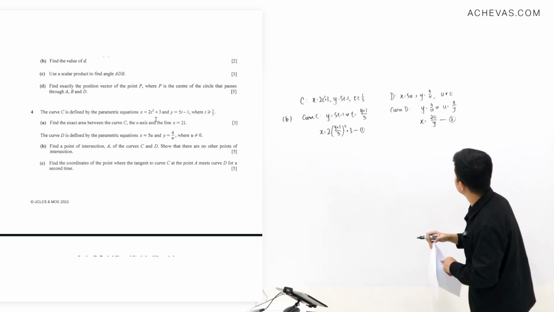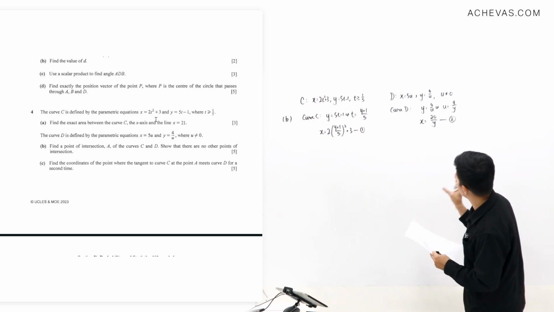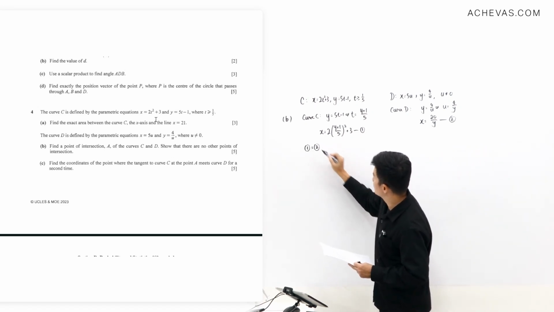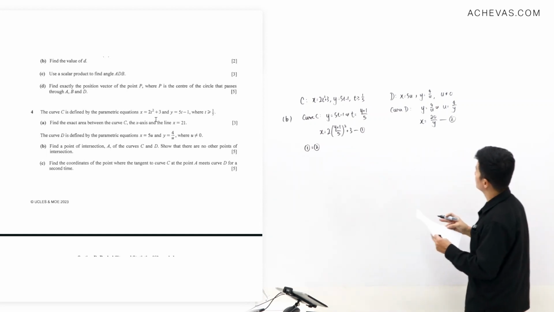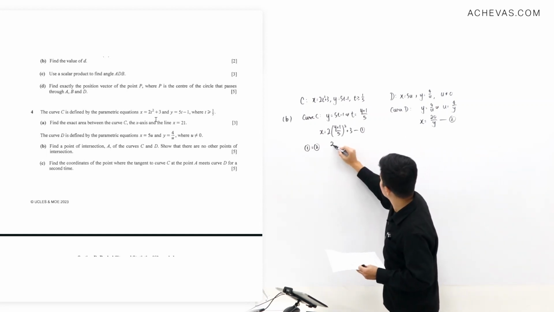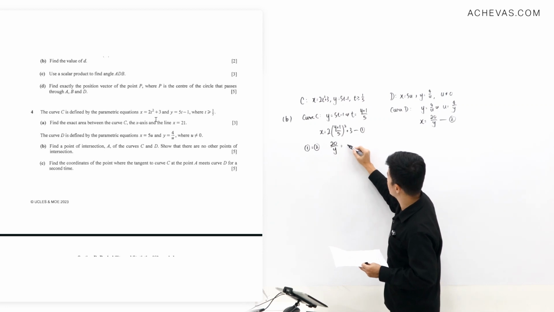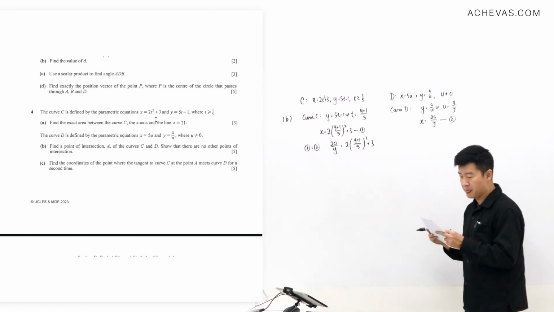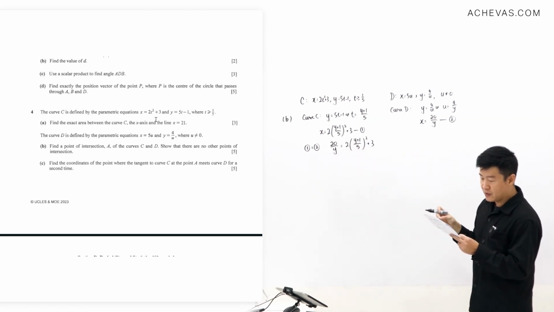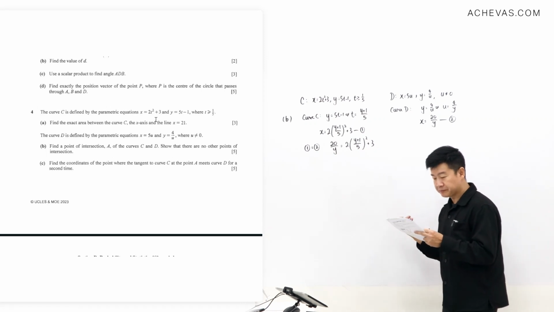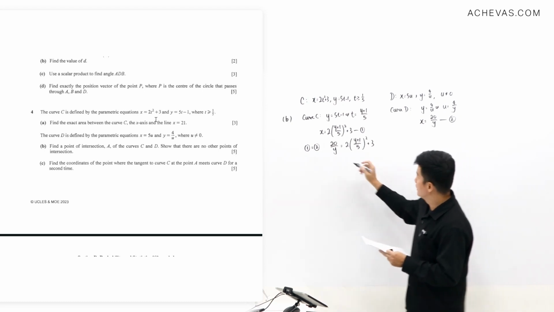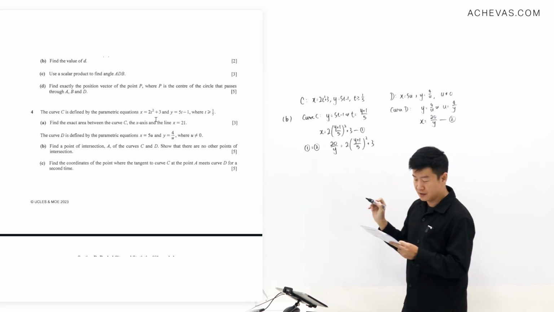And I'll just match these two equations together by letting equation number 1 be equal to equation number 2. So it is going to be 20 over y is equal to 2 times (y plus 1 over 5) squared plus 3. Multiplying this throughout by 25y, okay, let me do that.